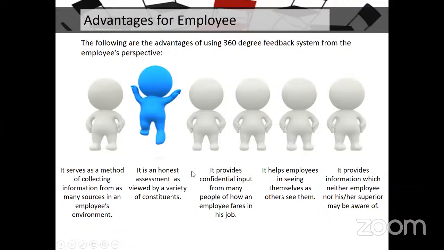I can't emphasize this enough, because it helps. You're able to know about this employee. And for us as supervisors, it helps in getting an honest assessment, because there are different people giving this information. Of course, it provides some level of confidentiality in the input from many people over employee affairs in their job, because all this is done in confidence.